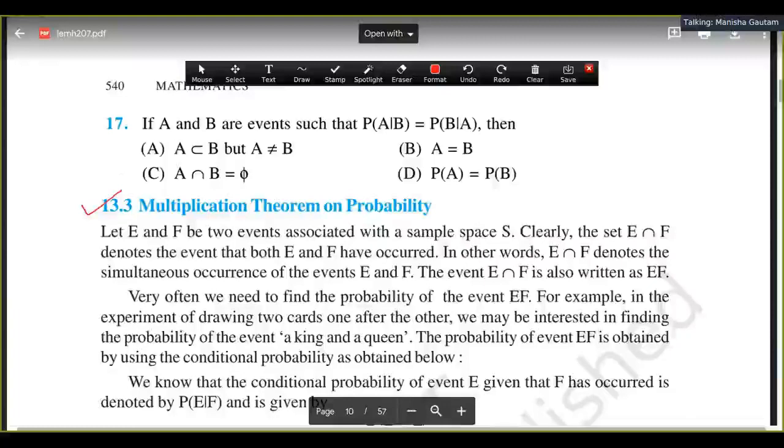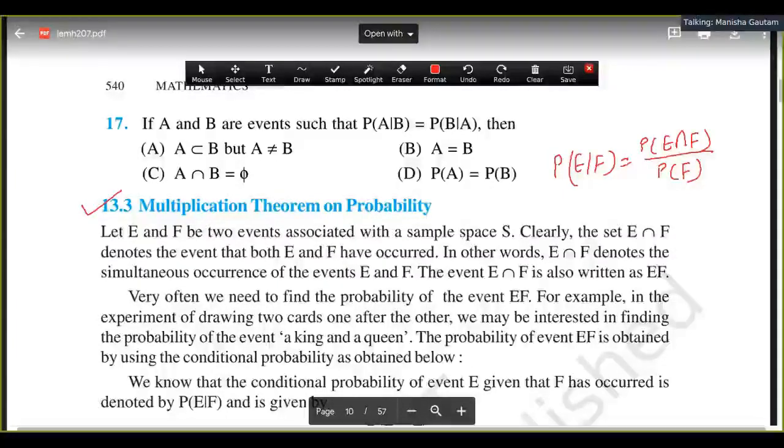As I have told you, the probability of E if F already happened, you can calculate by using the formula: probability of E intersection F divided by probability of F. If I want the multiplication theorem, what is the meaning of multiplication theorem here?